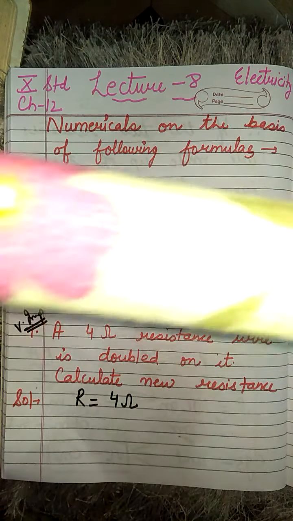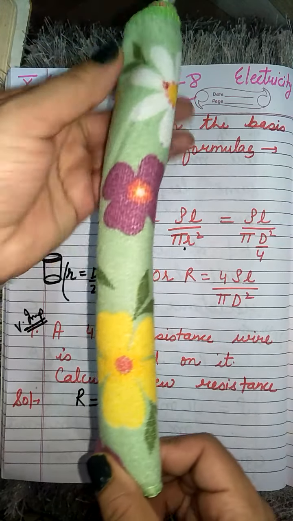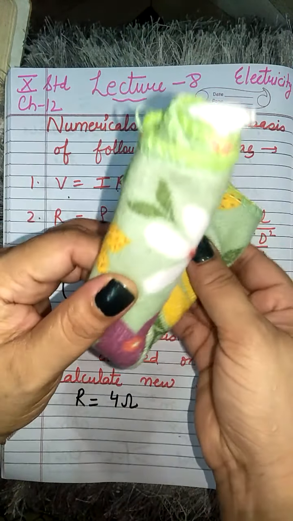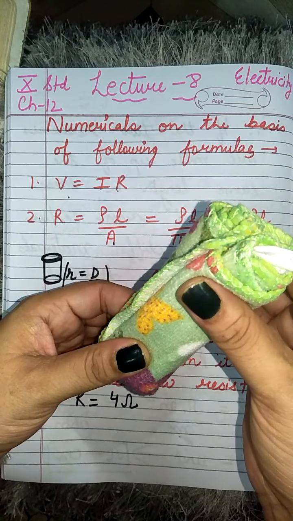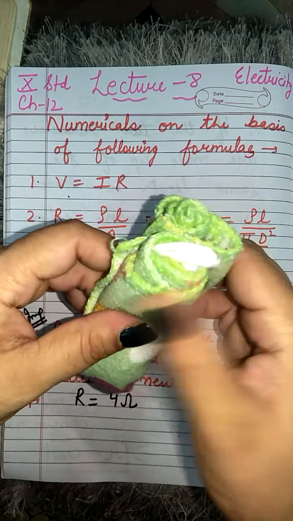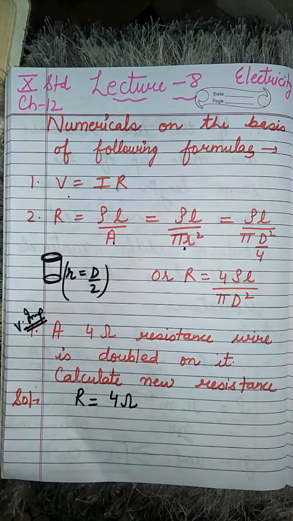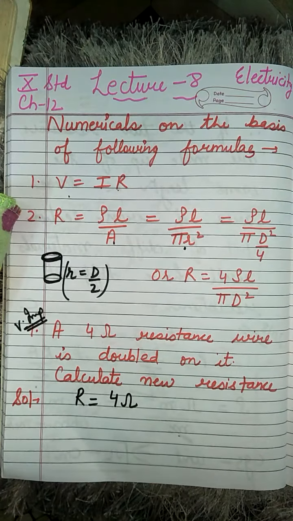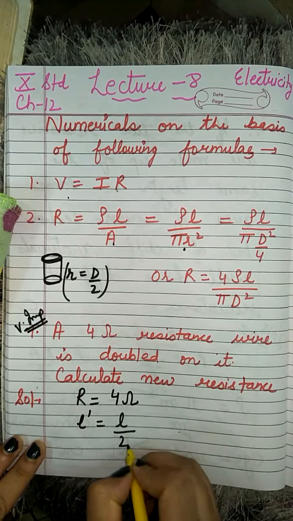Let us say this is a 4 ohm wire. Now this 4 ohm wire is doubled on itself this way, that is, it has been doubled over itself. It means that its length has become half. I hope you are understanding. Its new length has become half.